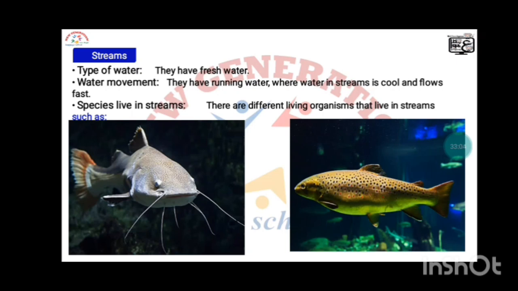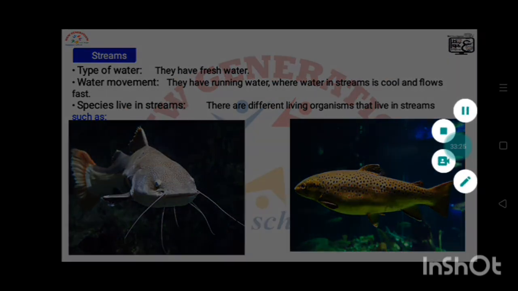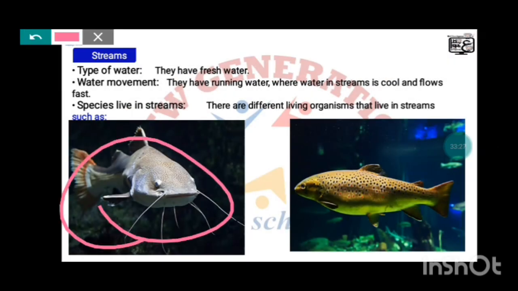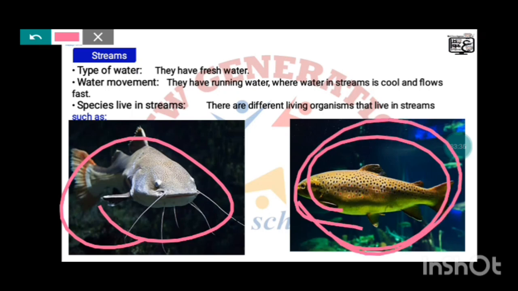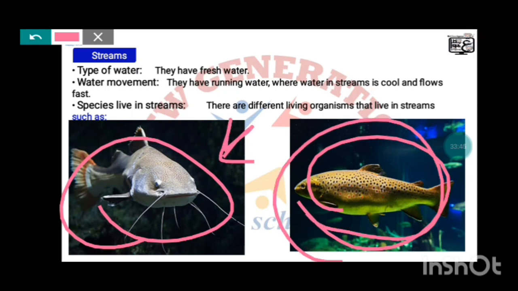Water movement: they have running water, and the water in the stream is cool and flows fast. Species that live in streams: number one, catfish. Number two, salmon or trout.